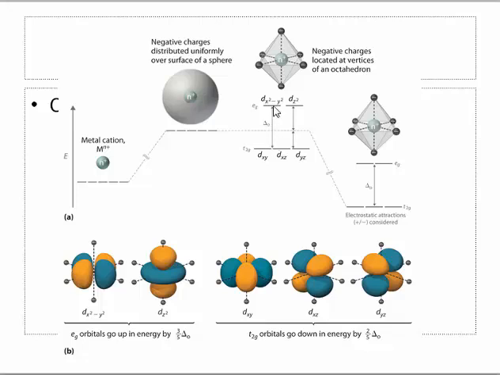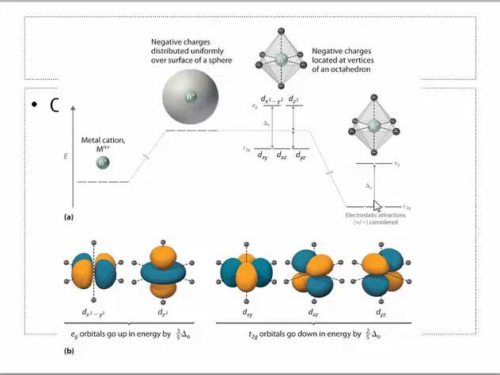The splitting in energy between these orbitals is called delta. And this orbital energy splitting pattern is characteristic of octahedral complexes of transition metals. This particular diagram then shows a stabilization of all the orbitals due to electrostatic attractions between the cations and the lone pairs.